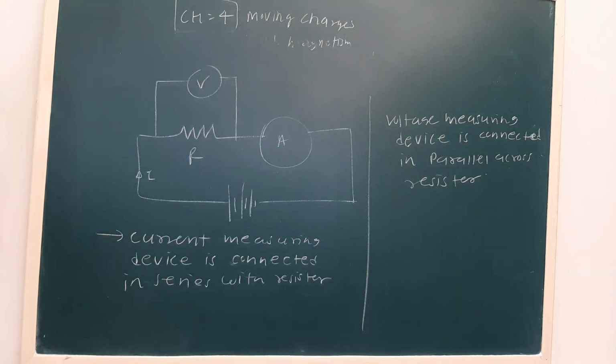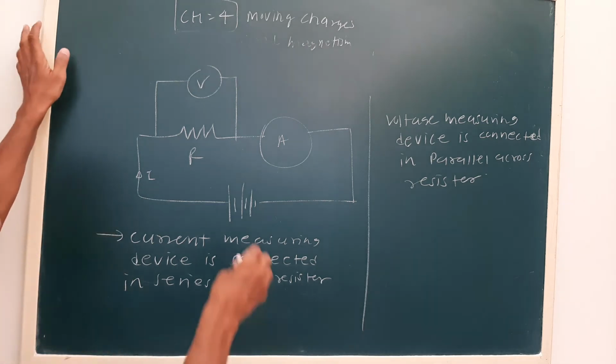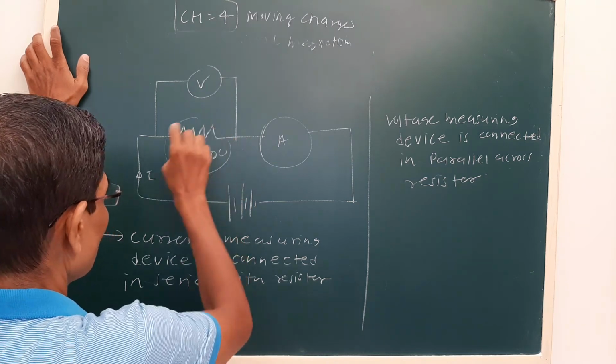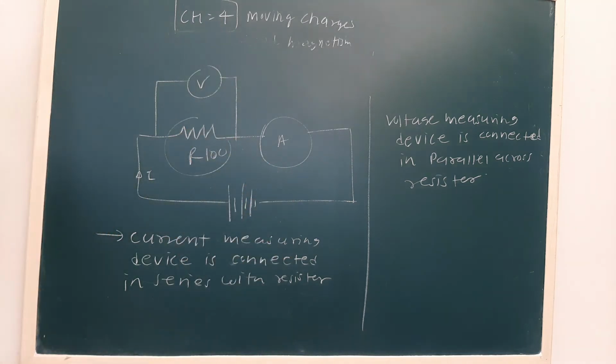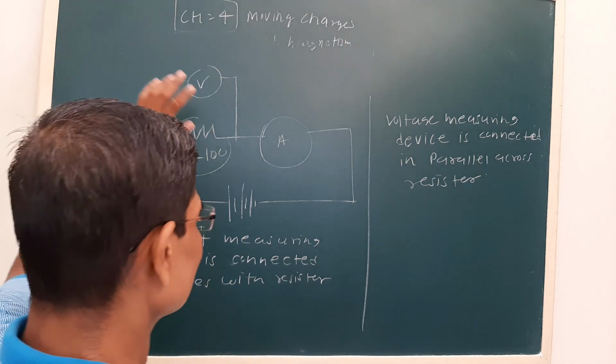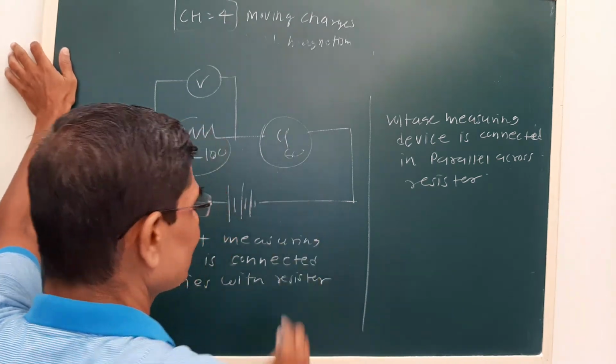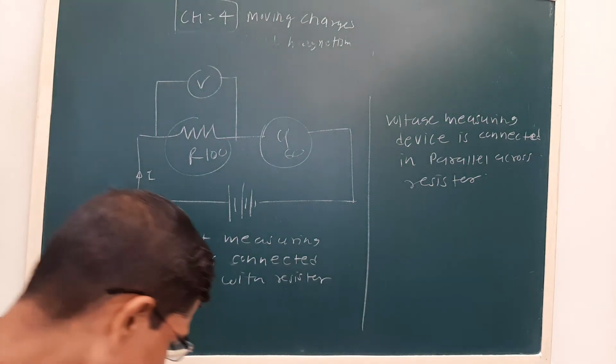Now, so what happened? Let us say the resistance is 100 ohm through which we have to measure the current. Our normal galvanometer resistance is about 60 or 80 ohm. Let us say we take 60. Now what is the value of the current?